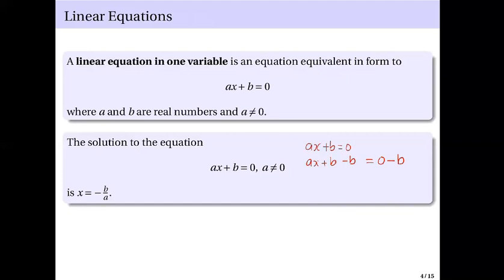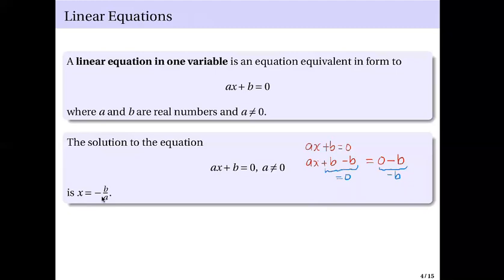Okay? Now, if we look at this, let us extend that. So we have plus b minus b. We know that this is equal to 0, whereas 0 minus b is equal to minus b. Okay?